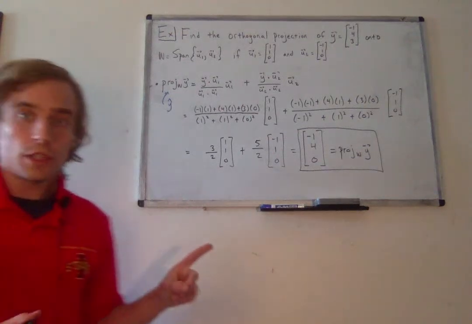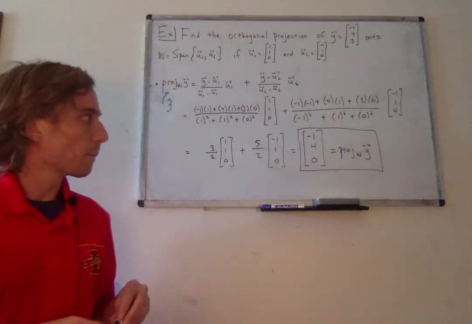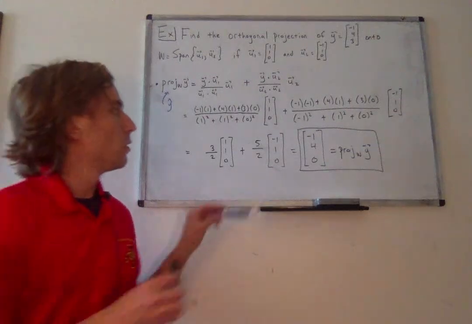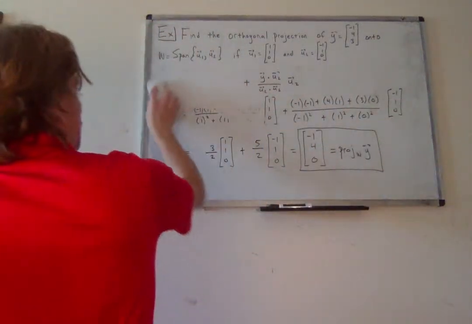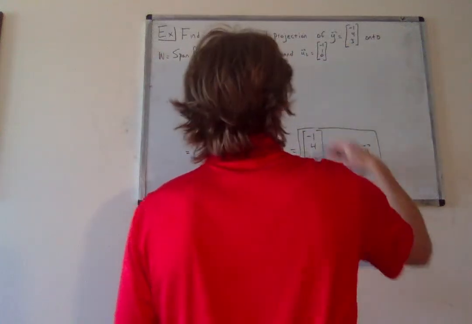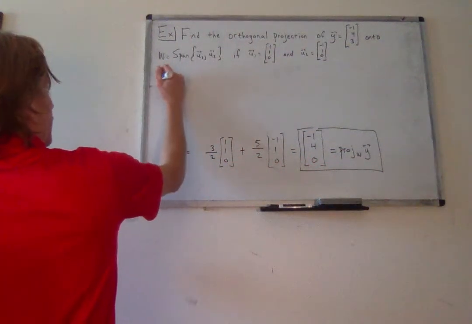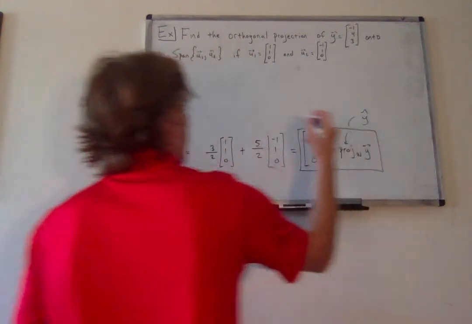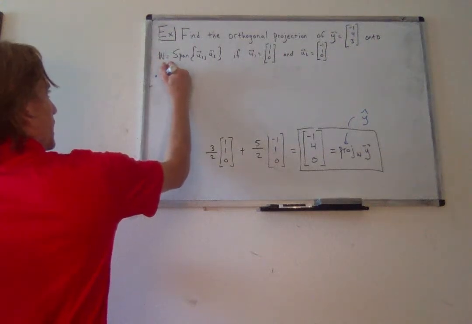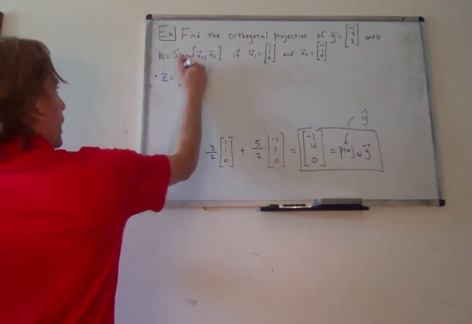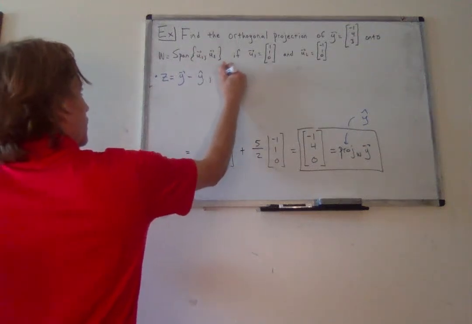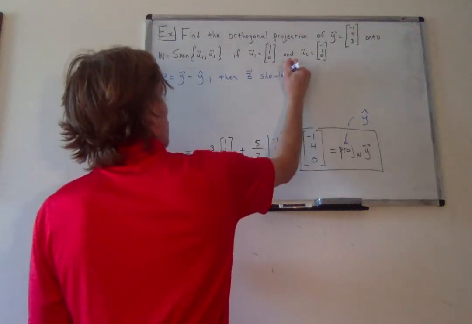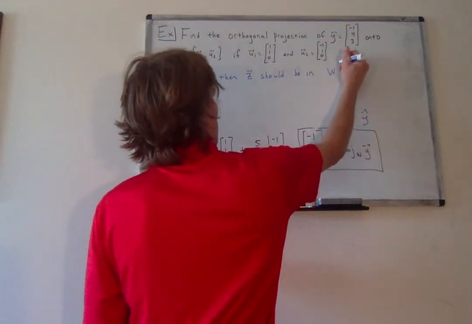A couple of things I want to check about this example before moving on. If we've claimed that this is in fact the projection of y onto W, remember that the orthogonal decomposition theorem says that if we let z be the vector y minus y hat, then z should be in W perp.